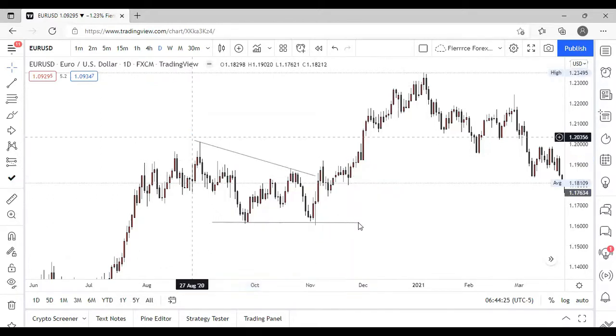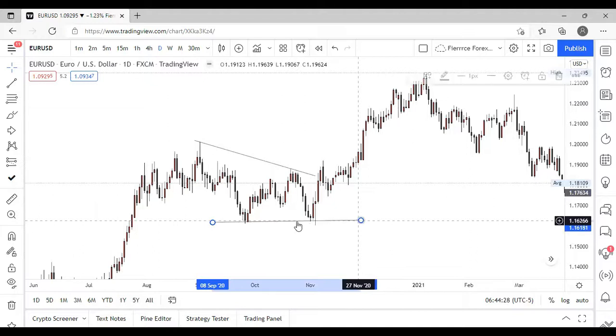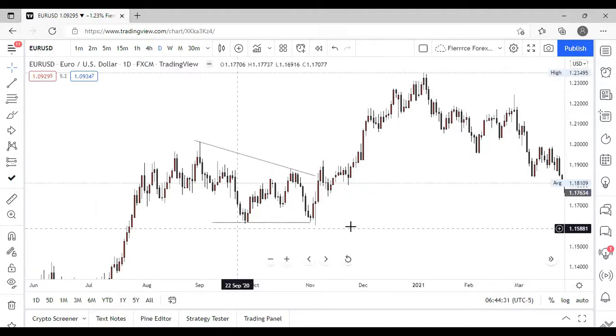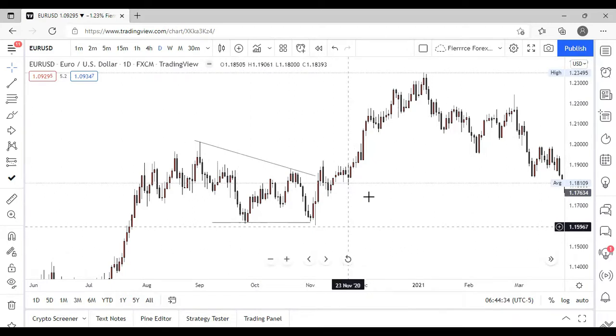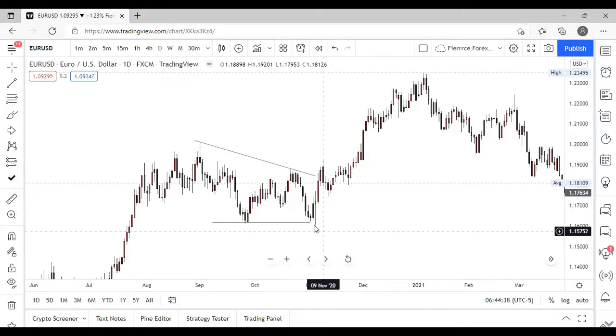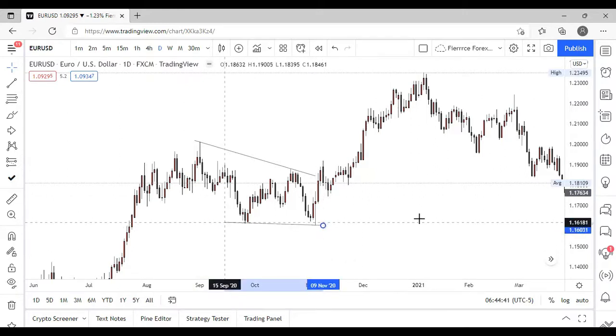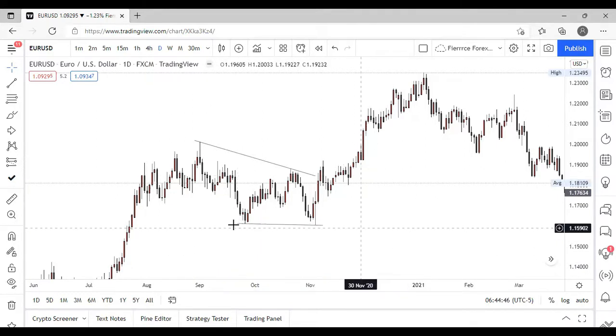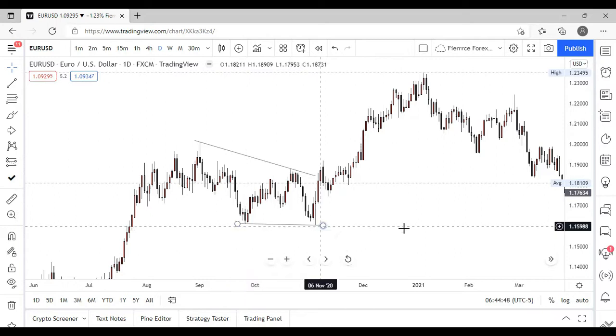So what did we see here? I'm trying to make this look like relatively equal lows, descending wedge here. They're actually not relatively equal, kind of. And then we see the push up. So we can see this is not a straight horizontal kind of thing.